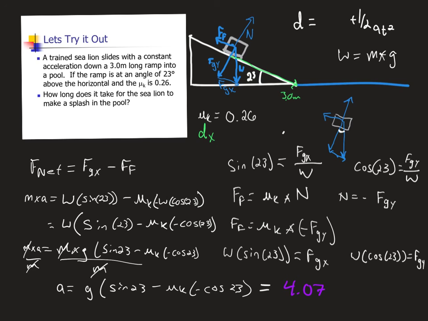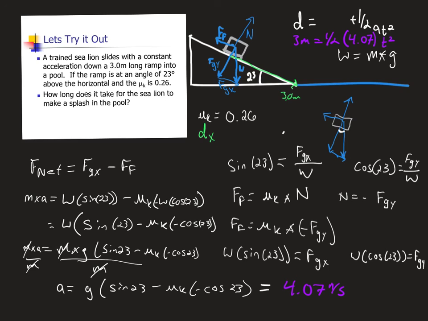Okay, so now I can take that. I know that the ramp was 3 meters long, which is equal to 1/2 times 4.07 t squared.